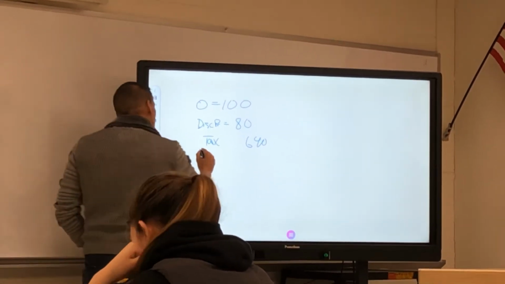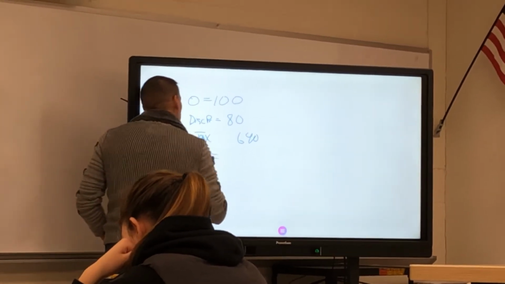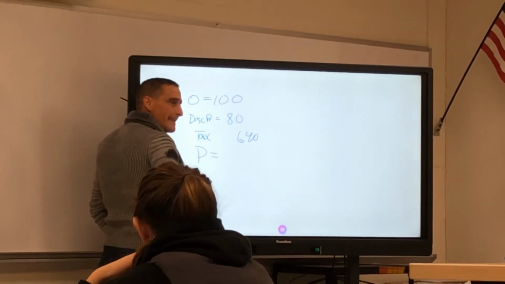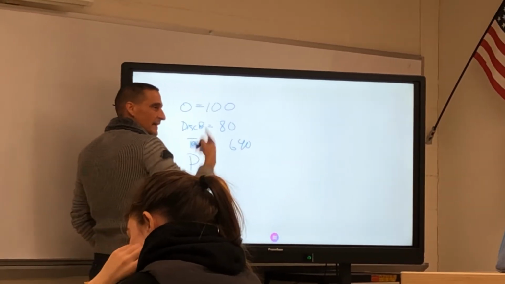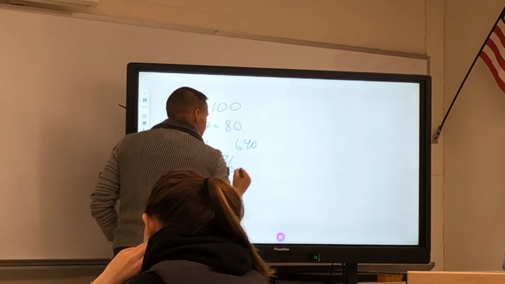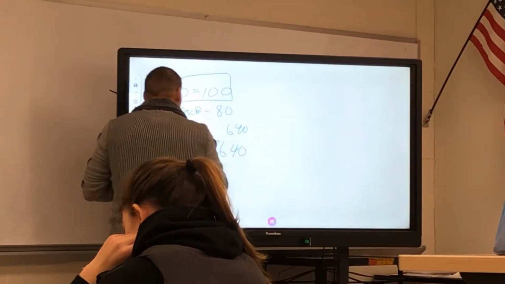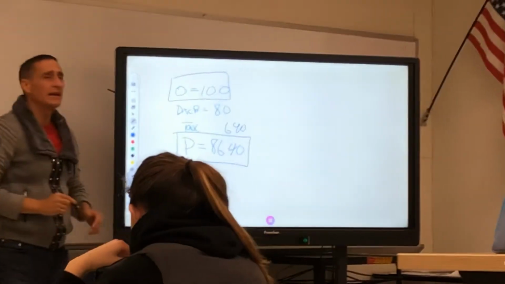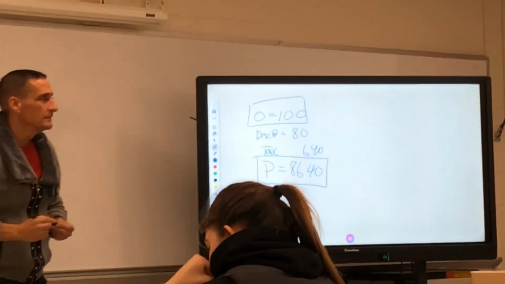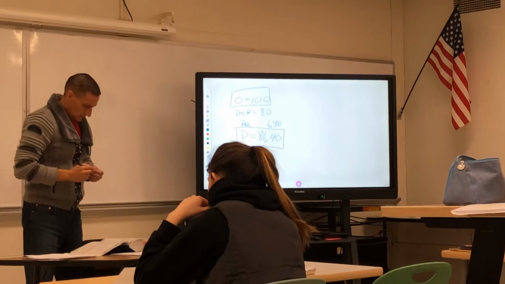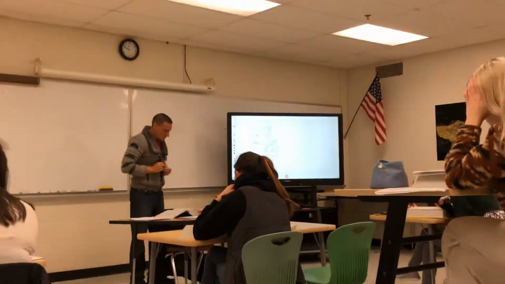Now, what's the final purchase price, which they call P? 86.4. So when O is 100, P is 86.4. Give me any equation, I'll solve. Oh, they want me to put P. Grab your calculator.